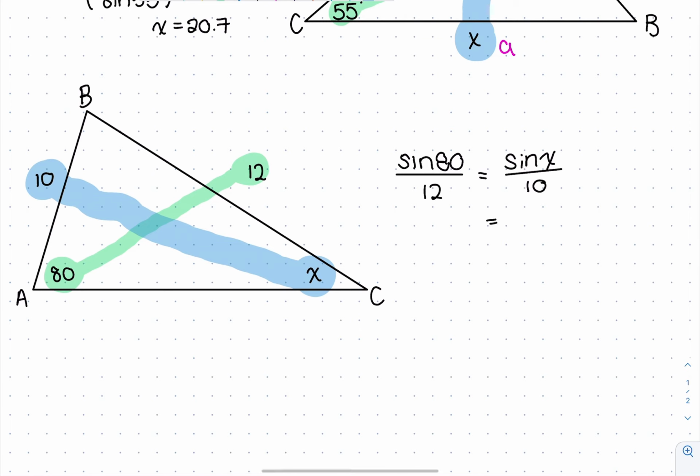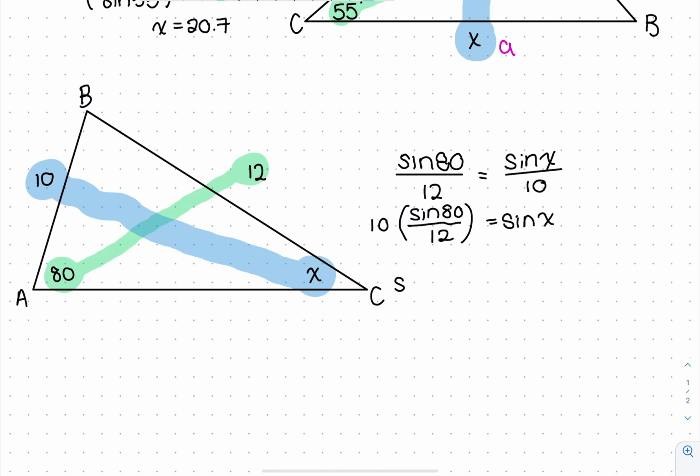Okay, so now how can we get x by itself in this case? Well, we know how to get rid of that 10. We're going to bring it over and multiply it by the other side. And we can write that as 10 times sine 80 over 12 equals sine of x. Now, if you watched the SOH CAH TOA video, to undo sine x, sine's going to move to the other side, but it's going to look like this.